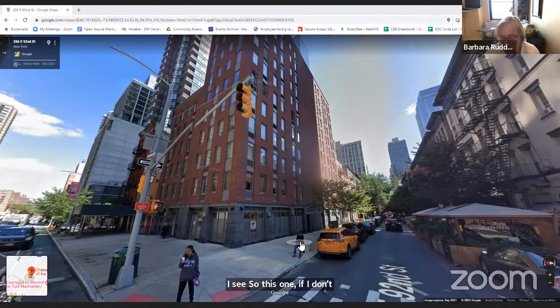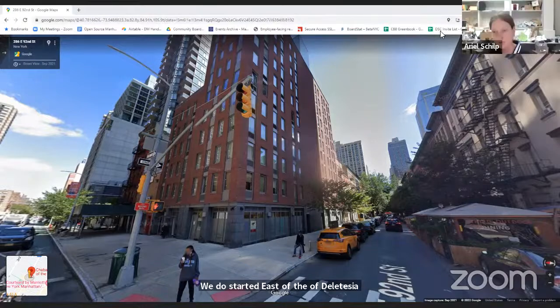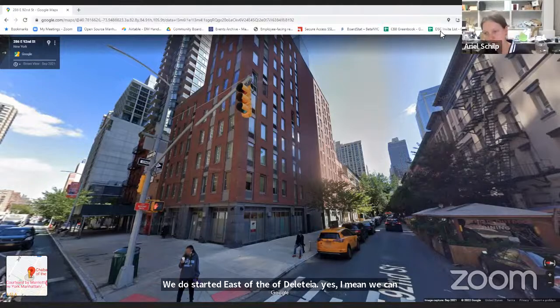I don't know how we're going to vote, but another possible option, which does not solve the problem of traffic, would you start it east of the Litzia? Yes, I mean we can get some barricades, I'm sure, and start it after the restaurant.